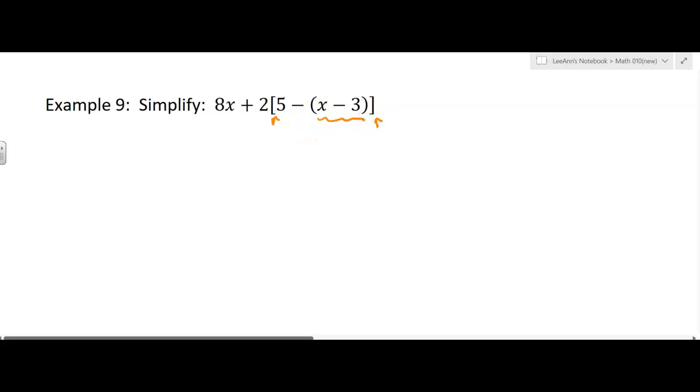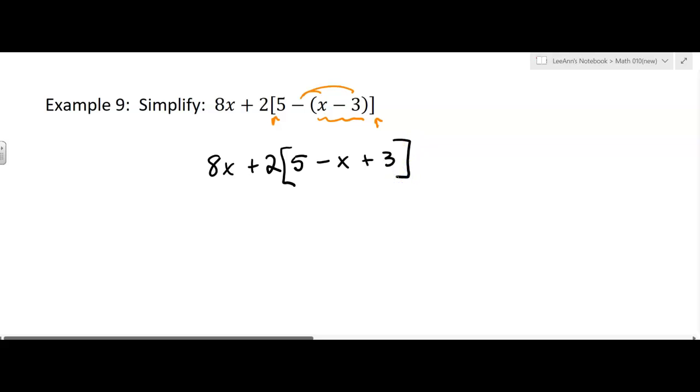Now, we can't do anything in the parentheses because we don't know the value of x, but we can get rid of the parentheses by distributing, and that's that last property we were just doing. Okay, so I'm going to write 8x plus 2. I haven't done anything with that so far. I like to keep the bracket, okay? All I'm doing right now is getting rid of the parentheses. So 5 minus x plus 3.